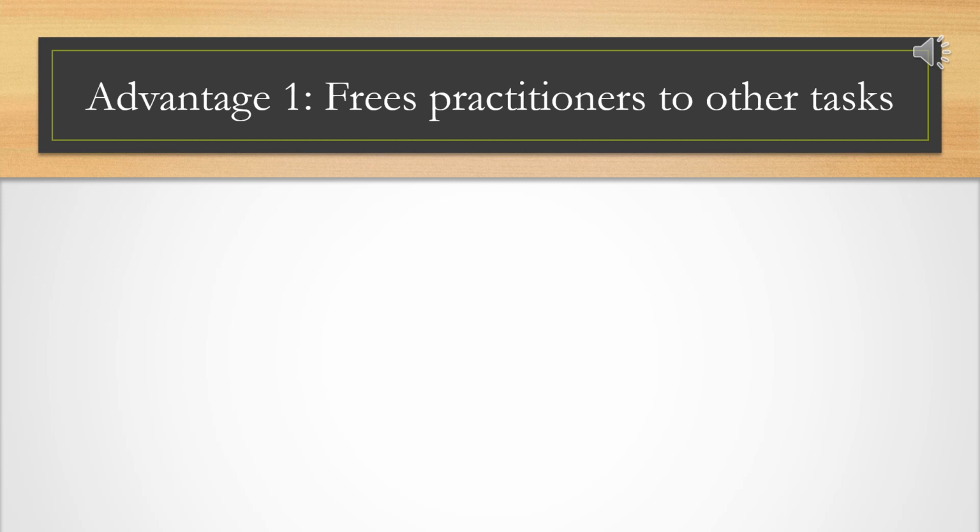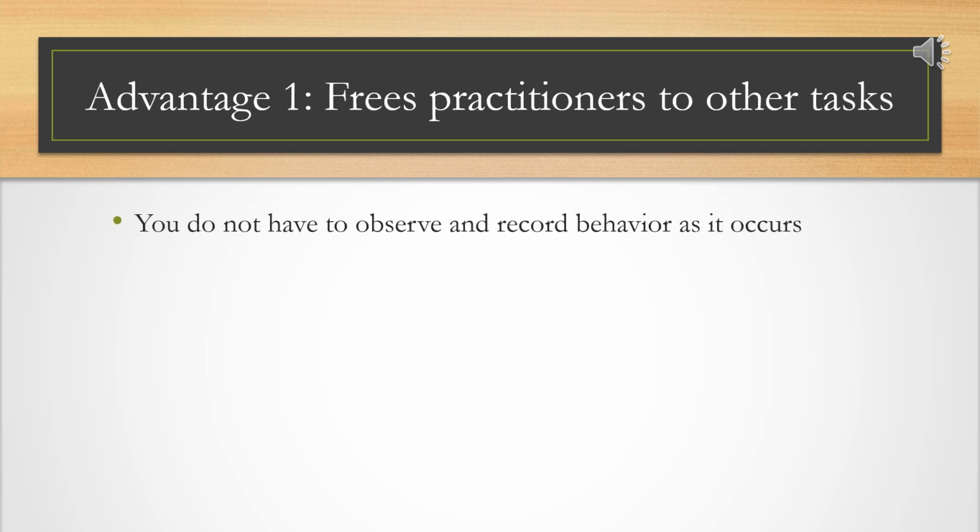The first advantage is that it frees practitioners to engage in other tasks. With permanent product recording, you are measuring behavior based on the product the behavior produces. Therefore, you do not have to observe and record data as it occurs. Instead, you can do other things, such as track other behaviors of the student.